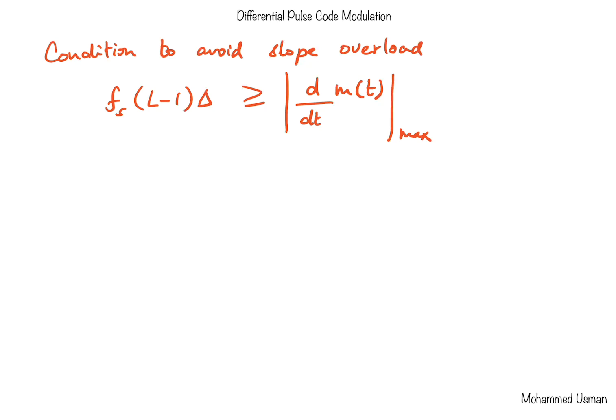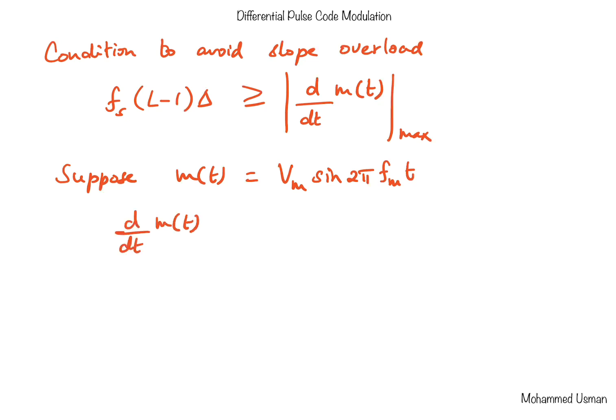And to understand that, let us take a simple signal, a sinusoidal signal, for the input. Suppose we have a signal m of t, which we will simply say is Vm sine 2 pi fm t. We want to find the maximum slope of this sinusoidal signal. So d by dt of m of t, we are just going to differentiate this.